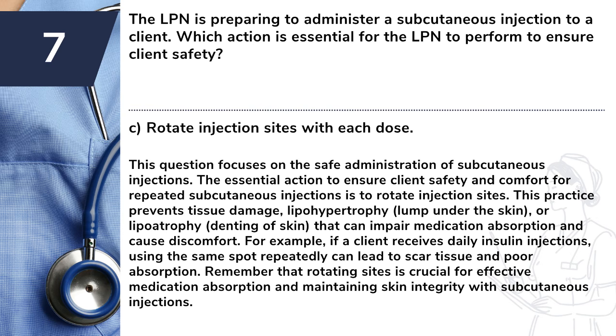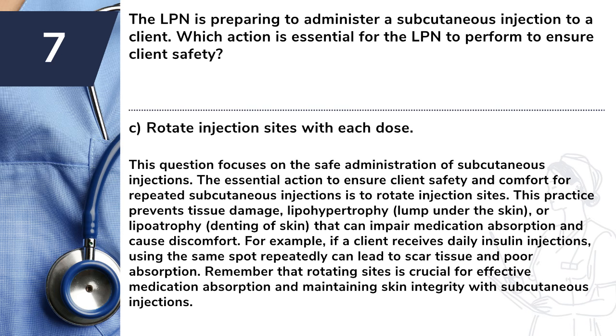Answer: C. Rotate injection sites with each dose. This question focuses on the safe administration of subcutaneous injections. The essential action to ensure client safety and comfort for repeated subcutaneous injections is to rotate injection sites.